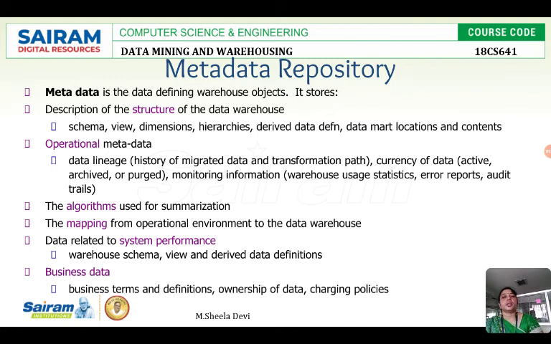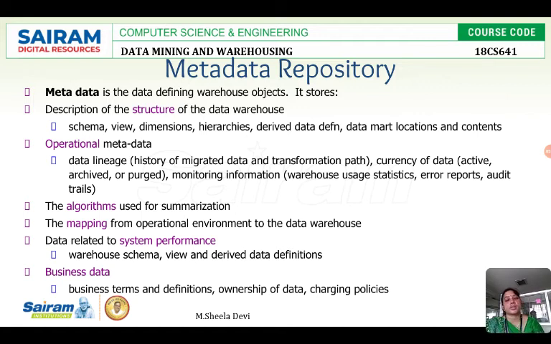Next is the metadata repository. We have seen this metadata repository in the middle tier next to our data warehouse. As I said already, it gives the data about the data. Metadata is the data defining warehouse objects. It says about the data present in the warehouse. It describes the structure of the data warehouse.